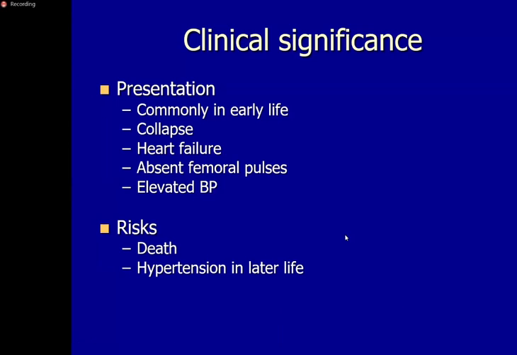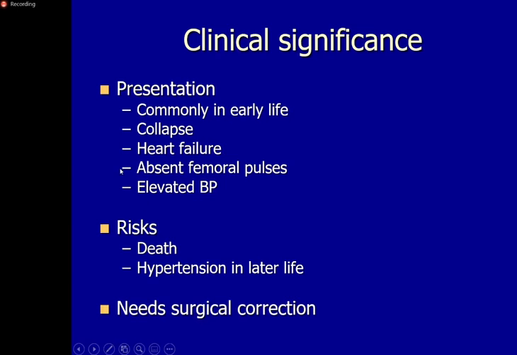One thing is that initially there will be more blood going to the upper limbs than the lower limbs. And in the long run, as less blood is coming to the kidneys, the renin-angiotensin system will operate, because the kidneys think there is a hypovolemic state, due to hormonal reaction. There can be a risk of death and there can be hypertension later in life. So surgically it has to be corrected.